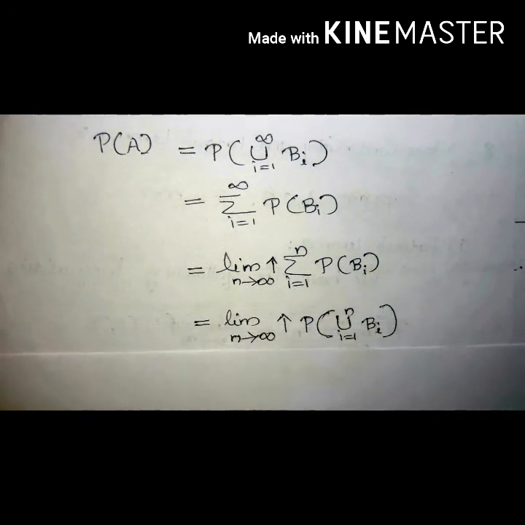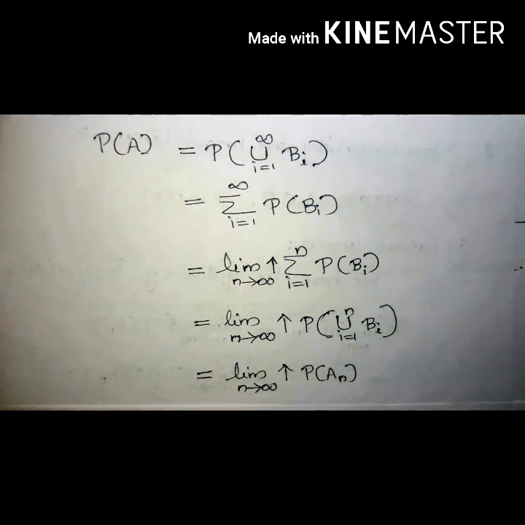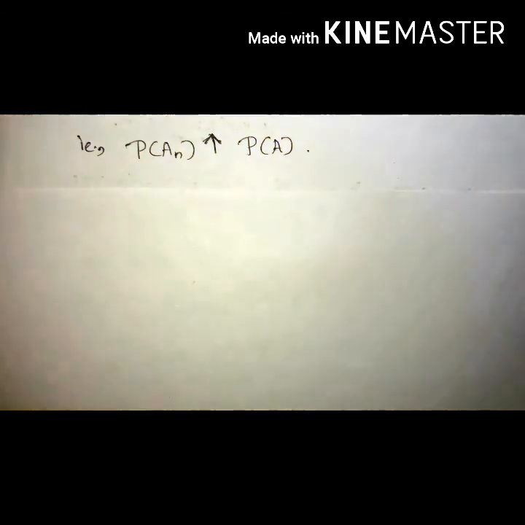And again applying sigma additivity we get limit n tends to infinity P of union Bi, and that is equal to limit n tends to infinity P of An. That is, P of An increases to P of A.